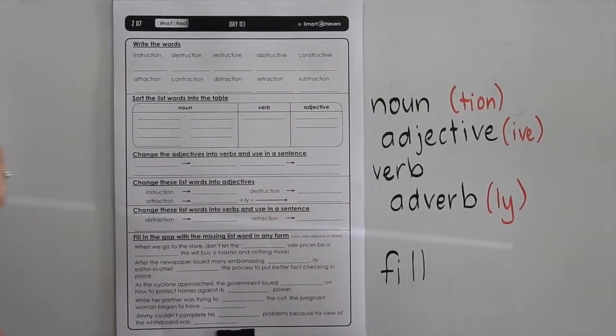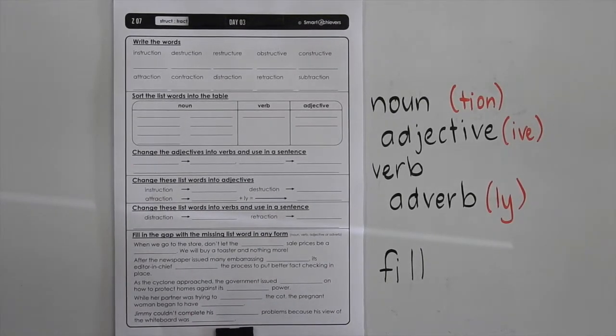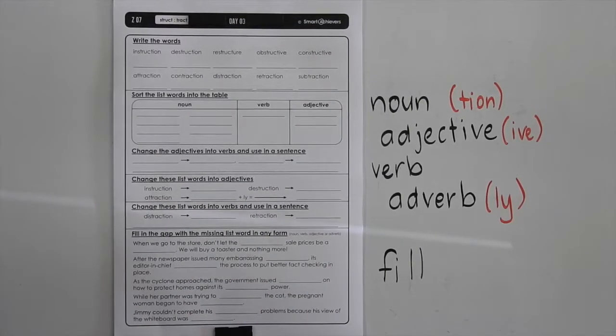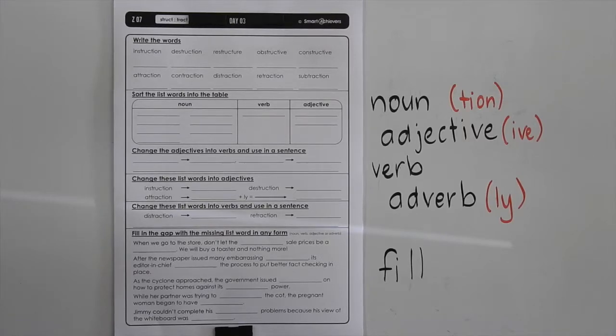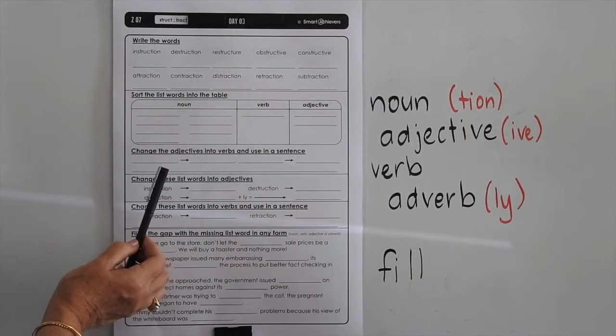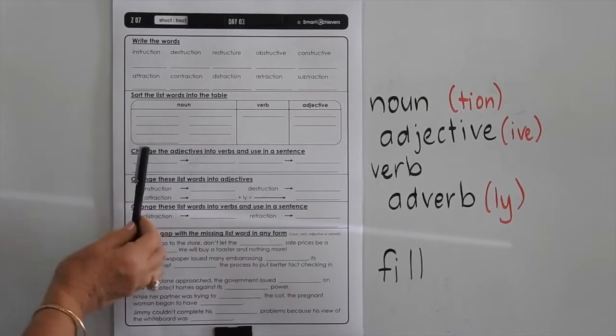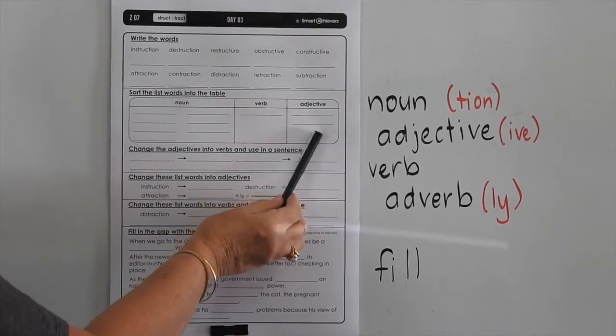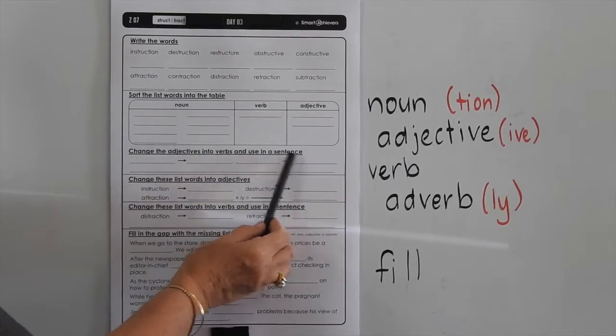Now the verbs will maybe be in their base form or with an s or an ed or an ing added, and sometimes they also end with ure, but I didn't write that in because there's so many different forms. So then we want you to change the adjectives into verbs and use in a sentence.